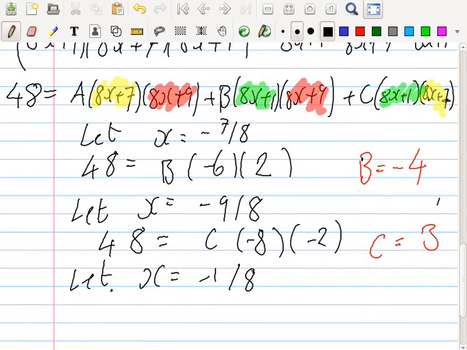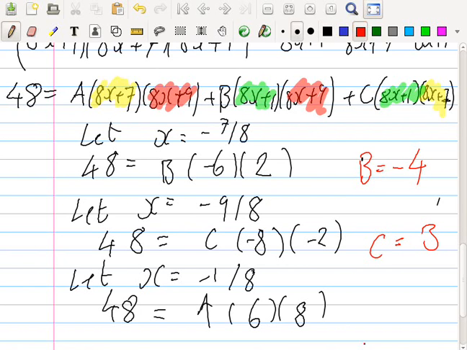So now I get 48 equals, they're gone, a bracket, so that'll be 6 and then an 8, right? No, hang on. Was that a 9 there? I can't see with my red. Is that a 9? Yeah. So if it's minus 1 over 8, that's an 8, yeah, and then that's a 6. Oh, I think A is just going to be 1 then. Yeah. So A is 1.